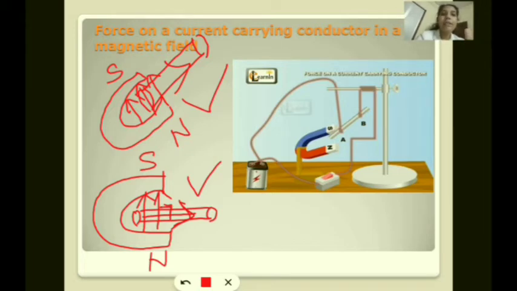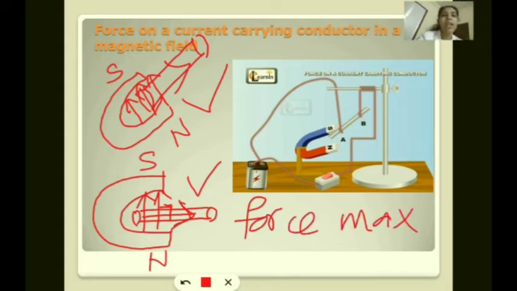So whenever the direction of current is perpendicular to the magnetic field, force experienced by the conductor is maximum. And at this moment, we can apply a rule to find out the direction of force.